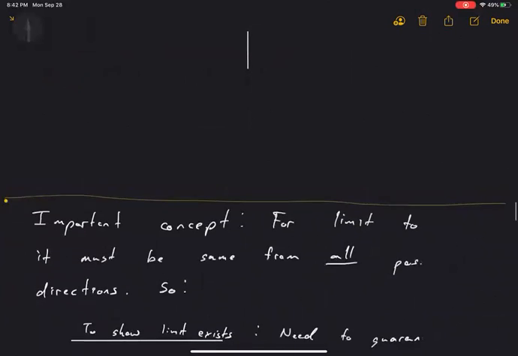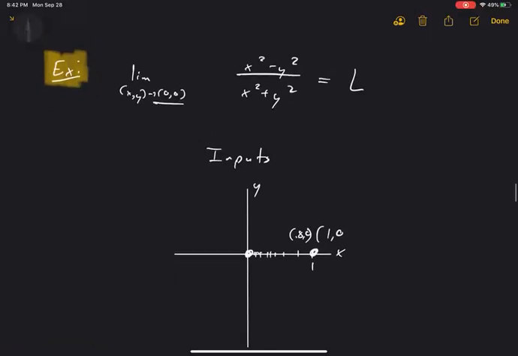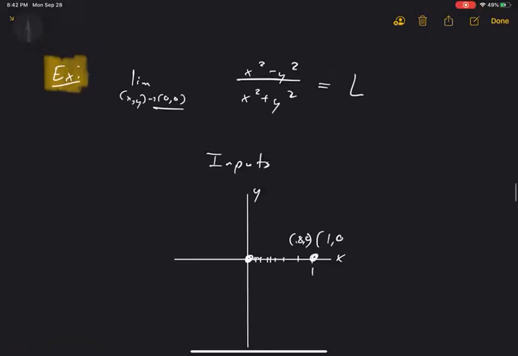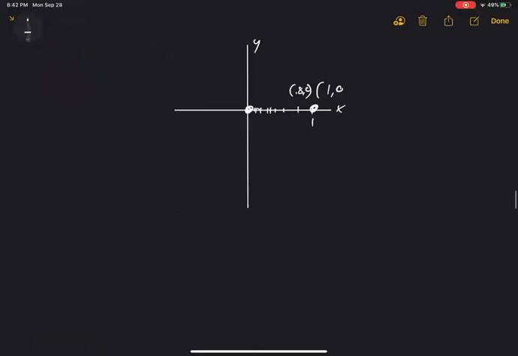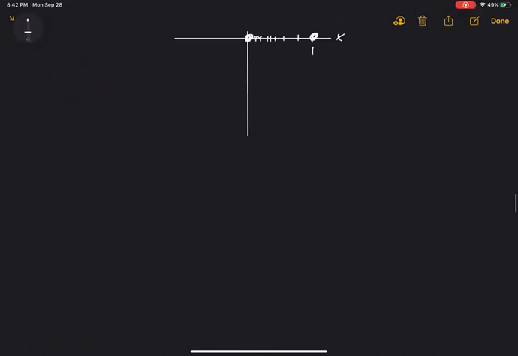Well, notice what all these points have in common. The y value is equal to 0. So my function, x squared minus y squared over x squared plus y squared, along this x-axis, the outputs of that thing are just going to be x squared minus 0 over x squared plus 0, right?